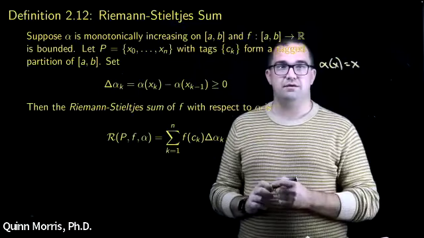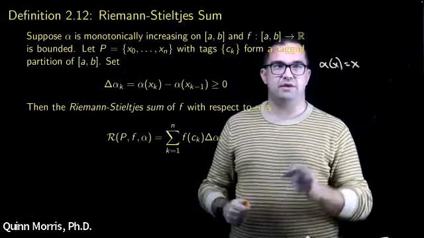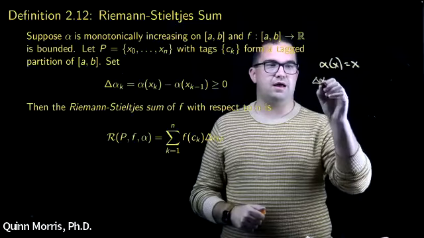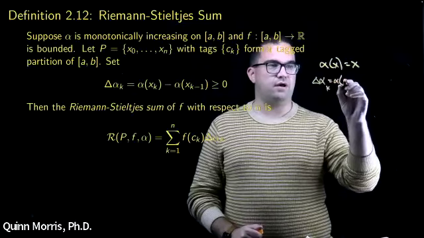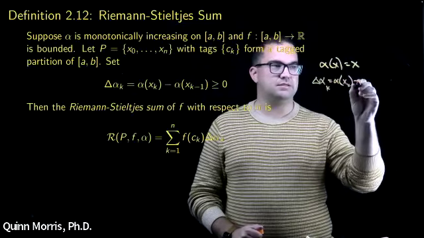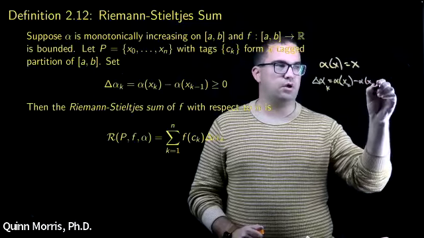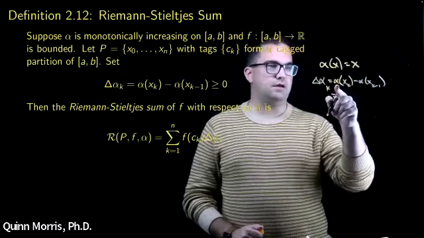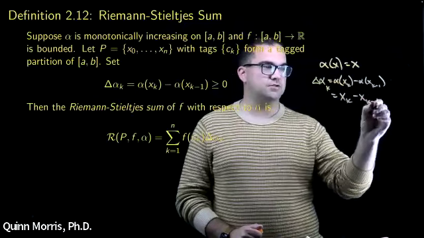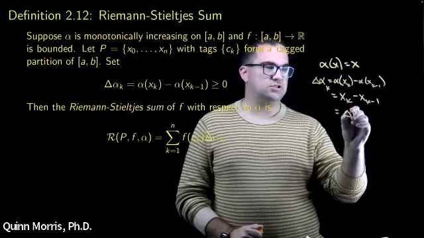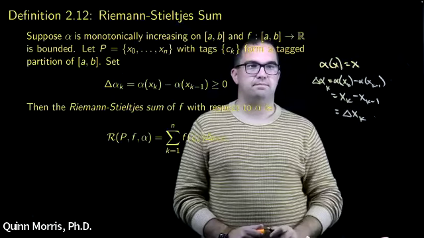If we do that, then our delta alpha k's, defined to be alpha of x sub k minus alpha of x sub k minus 1, become, since alpha of x is just x, x sub k minus x sub k minus 1, which is just delta x sub k.